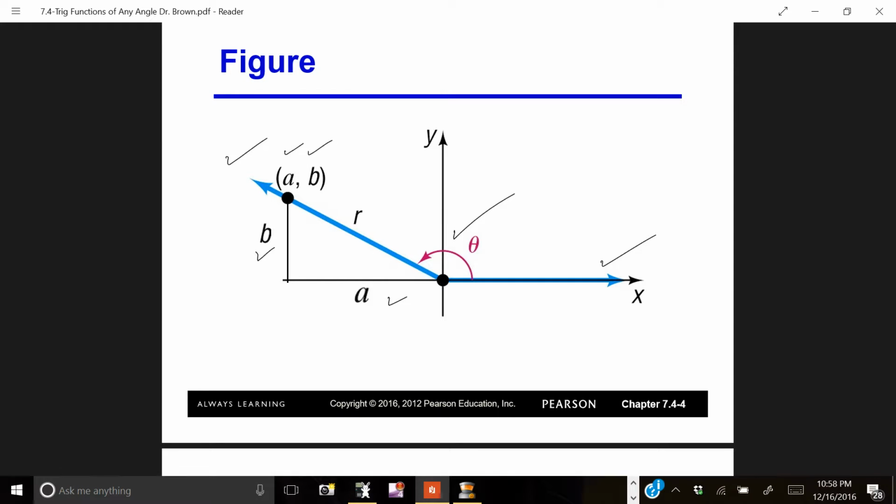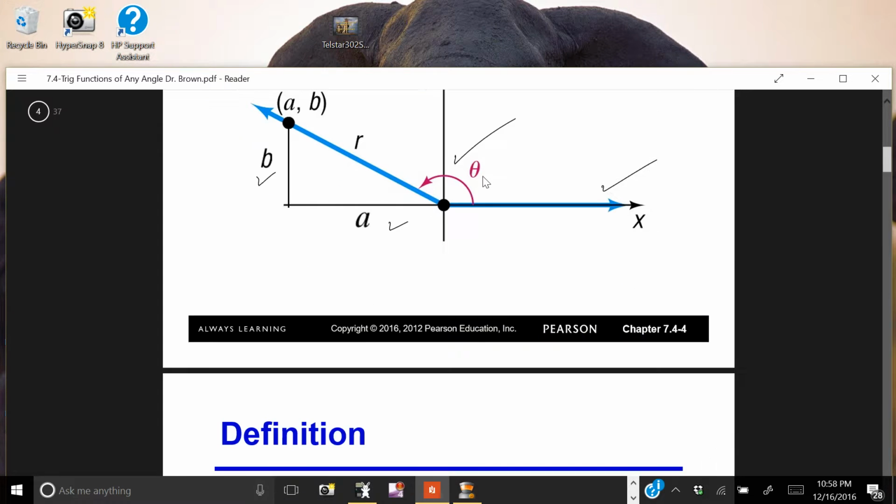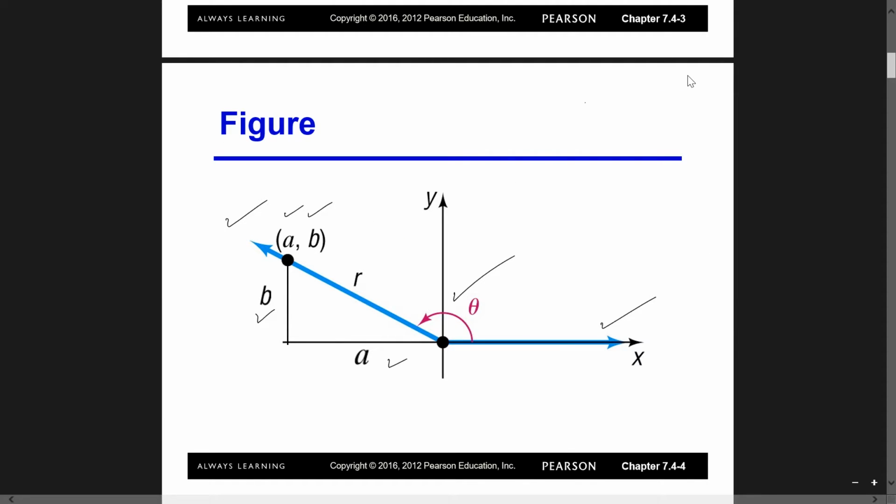And this particular angle could be anywhere.